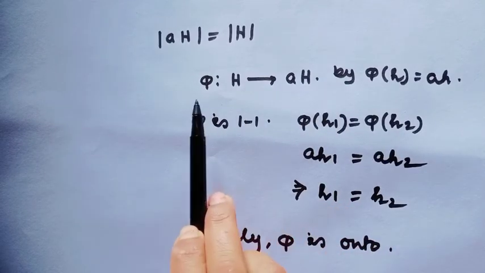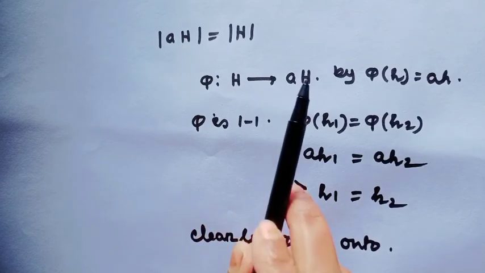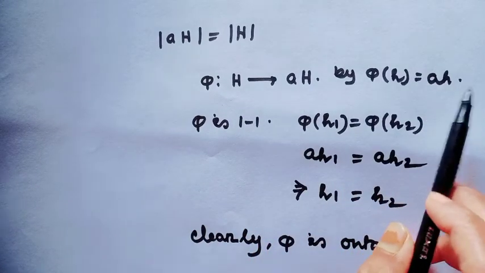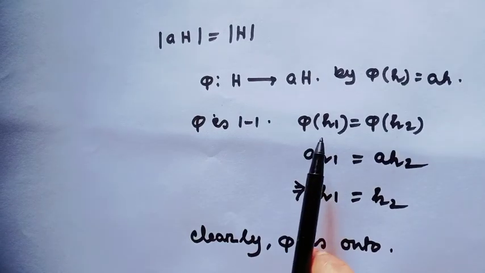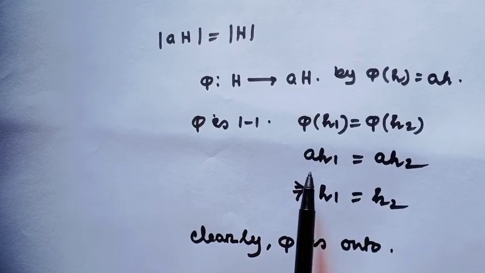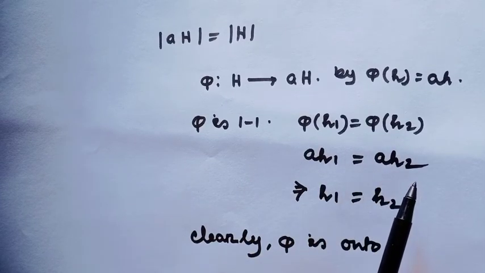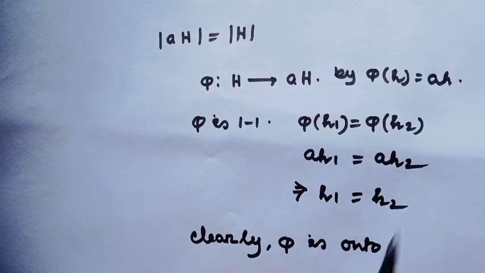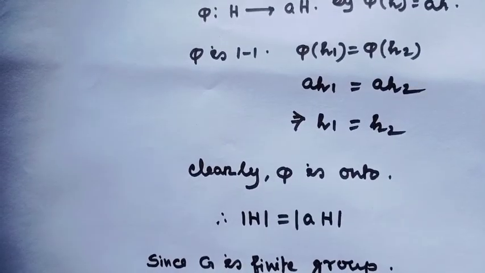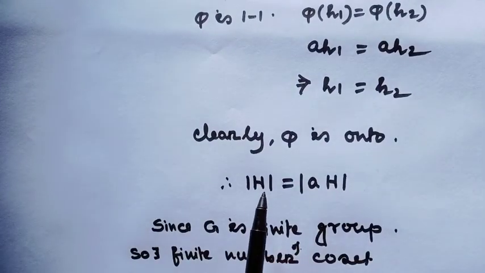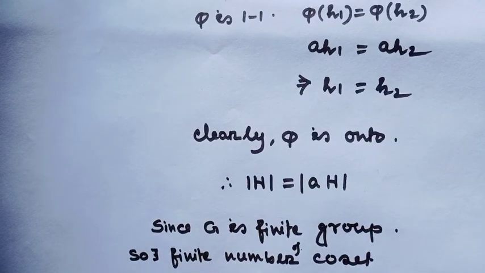That means there exists a mapping phi from H to aH by phi of h equals a times h. Clearly it is one-to-one because phi of h1 equals phi of h2 implies a h1 equals a h2, which implies h1 equals h2. And clearly phi is onto by the definition of the function. So the order of H must be equal to the order of aH. That means the order of any coset is equal to the order of the subgroup.